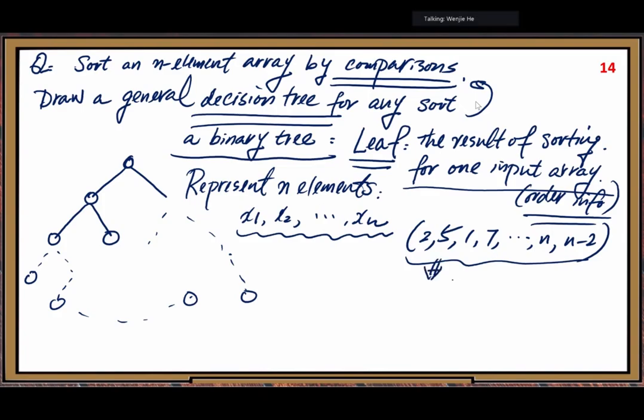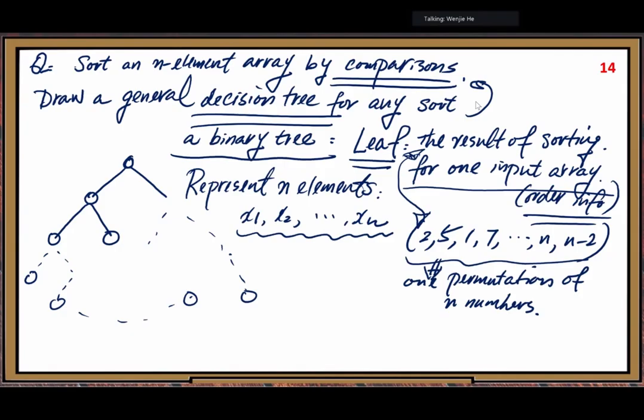You can see the specific order can be represented by what we know as a permutation, right? One permutation of n consecutive integers. So you can see one sorting result corresponds to one permutation.